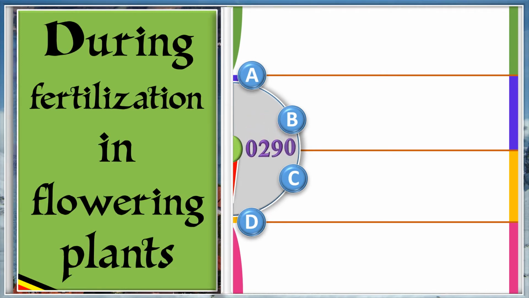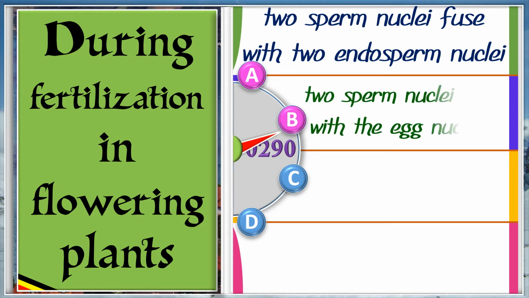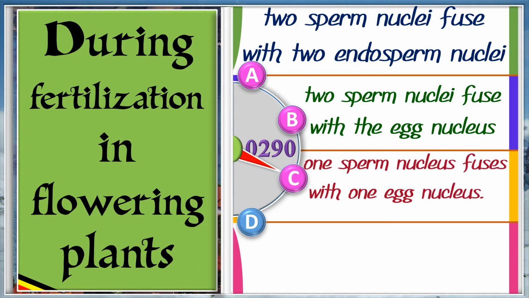During fertilization in flowering plants, A. two sperm nuclei fuse with two endosperm nuclei. B. Two sperm nuclei fuse with an egg nucleus. C. One sperm nucleus fuses with one egg nucleus.